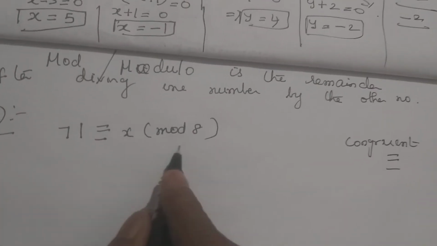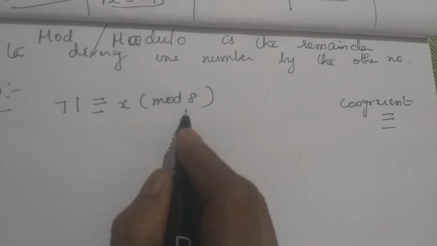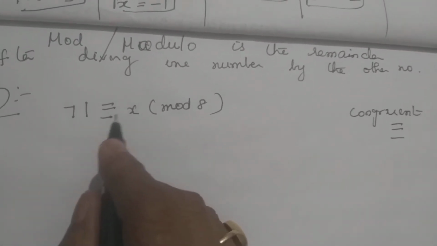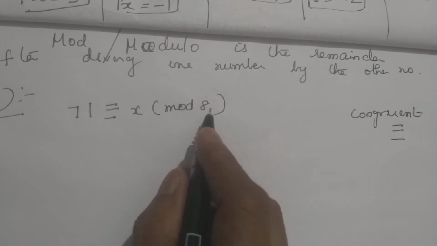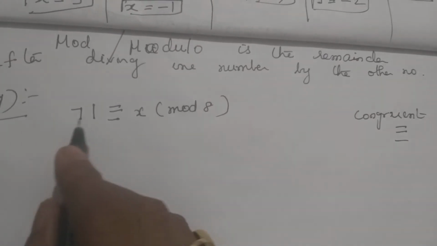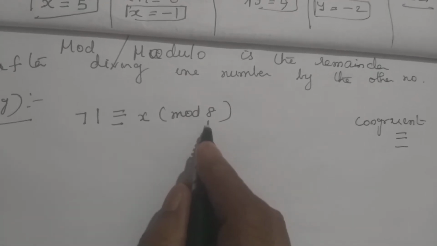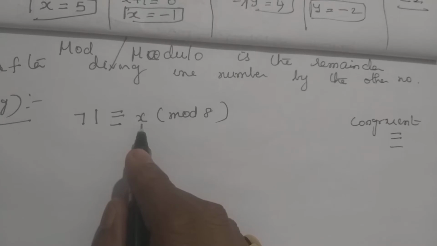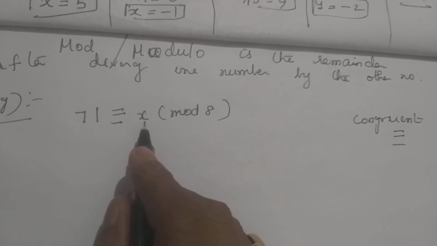So simply, it is a very simple sum. When you have 71 congruent x mod 8 inside bracket, the meaning is that 71 must be divided by 8. Any remainder you get, you have to write it here, plus or minus whatever the remainder is.